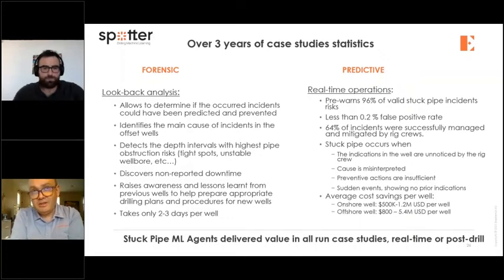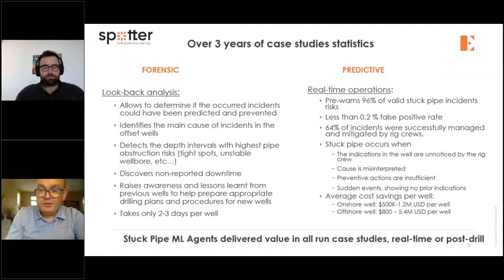In other cases, they still got stuck pipe or some other problems, and that happened because either the indications went unnoticed, so nobody paid attention, or the cause was misinterpreted, not read correctly, or preventive actions were not sufficient. Or sometimes there can be sudden events that, of course, no machine learning can ever predict, because these events show no prior symptoms or indications.